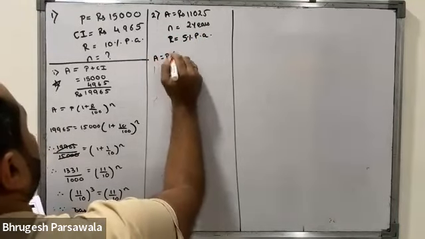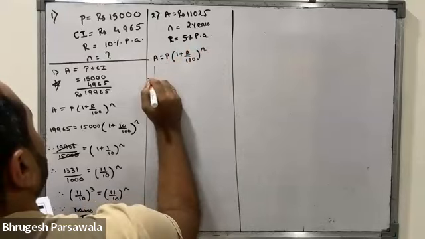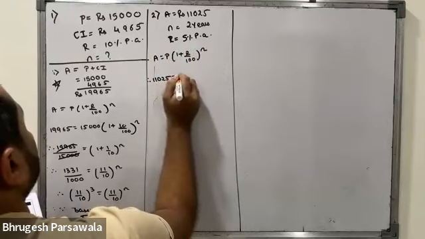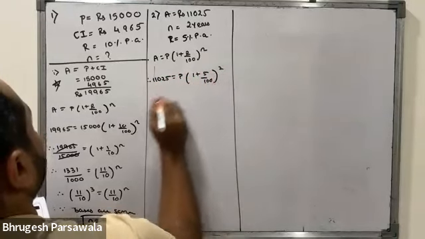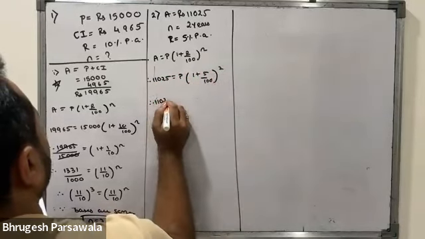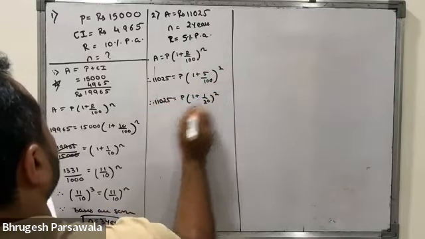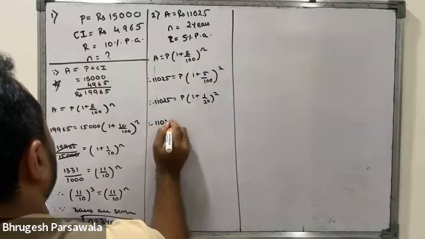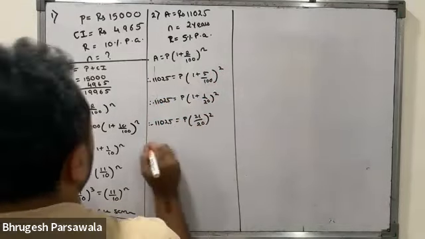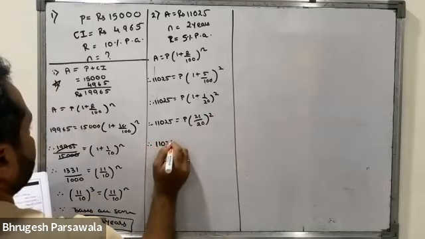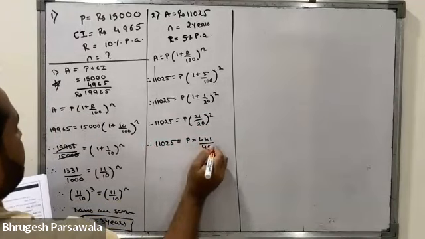A equals P (1 plus R upon 100) raised to N. 11025 equals P (1 plus 5 upon 100) raised to 2. 11025 equals P (1 plus 1 upon 20) raised to 2. 11025 equals P (21 by 20) raised to 2. 11025 equals P into 441 upon 400.